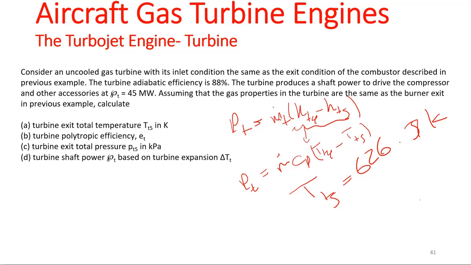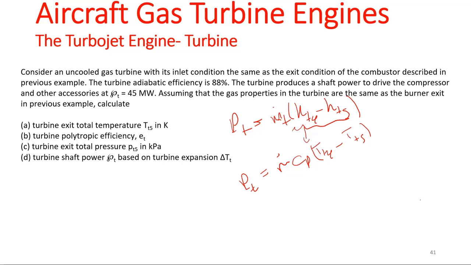So part B is asking us to find the polytropic efficiency, e of T. How can we find the polytropic efficiency? The first thing you need to look at is what we have here. We have the temperatures, which means that we will have the temperature ratio, tau of T, right?